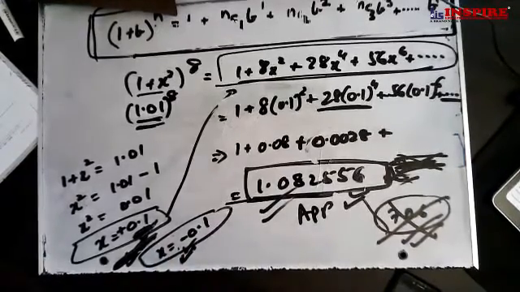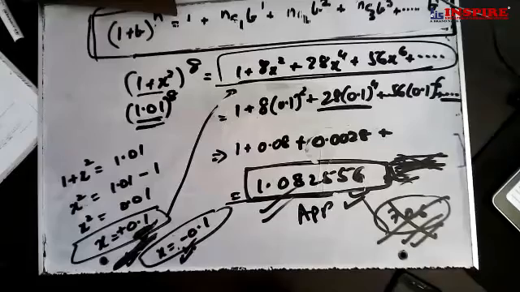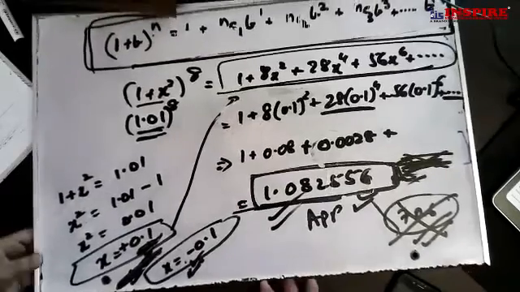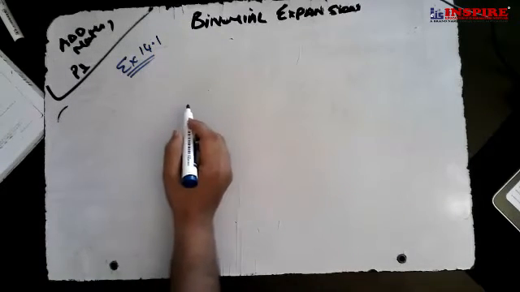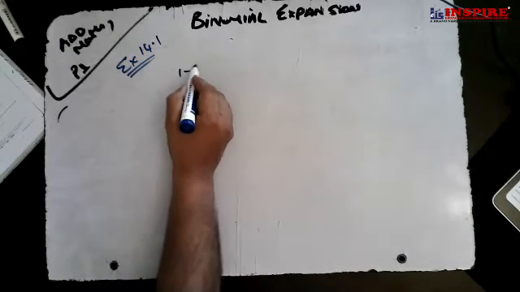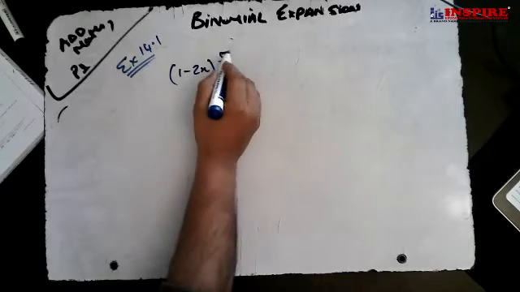Now comes the second part. We have 2 more examples I'm going to do right now, so hang in with me. Everybody with me till here? Good. Now, let's do another question. It's 1 minus 2x to the power of 5.